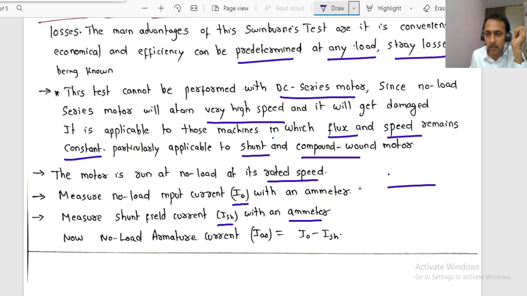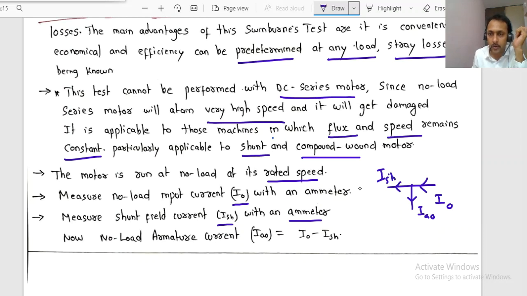Now, from our previous basics, whatever current is drawn under no load condition is indicated with the variable I naught. Some part will flow to the armature under no load condition, let it be IA naught, and some part of the current will flow to the shunt field winding, ISH.